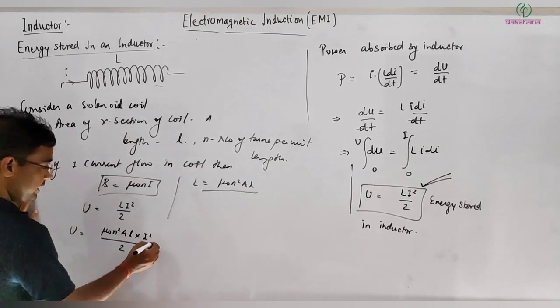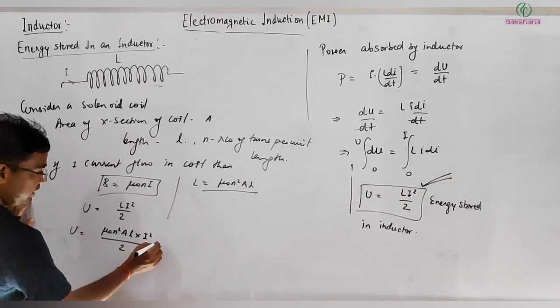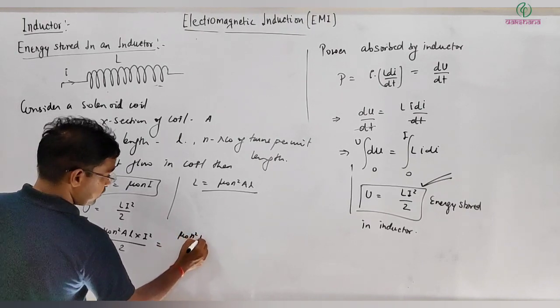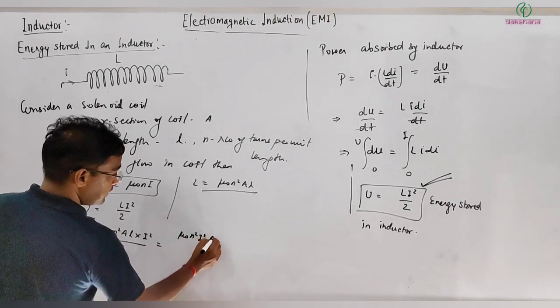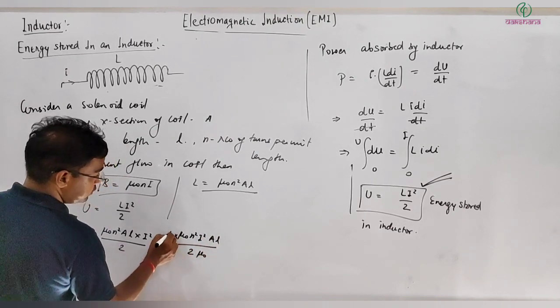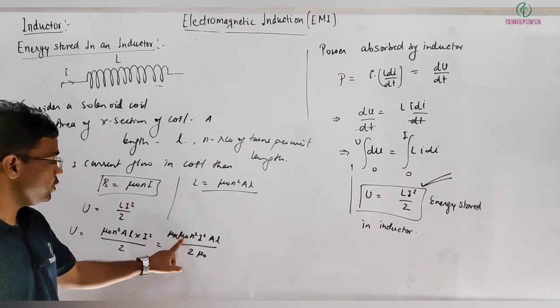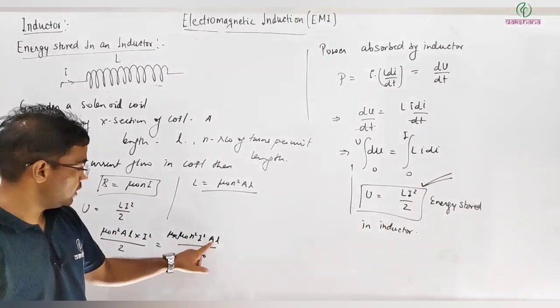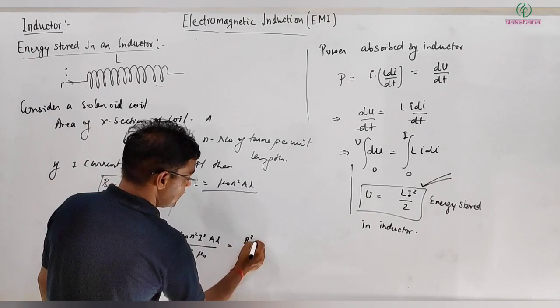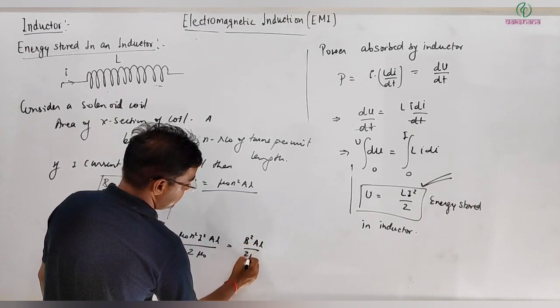Now what I am doing here is multiplying by mu naught in numerator and denominator, so mu naught square N square I square A l divided by 2 mu naught. This term can be written as B square into A into l divided by 2 mu naught.